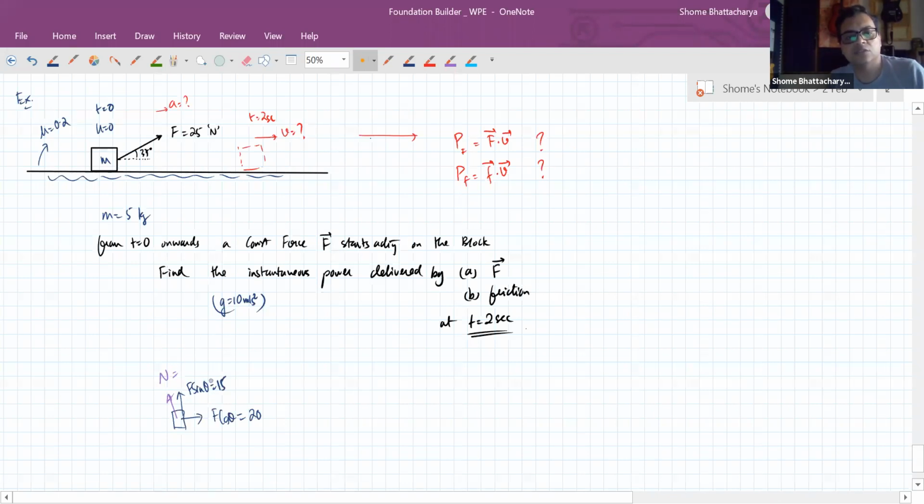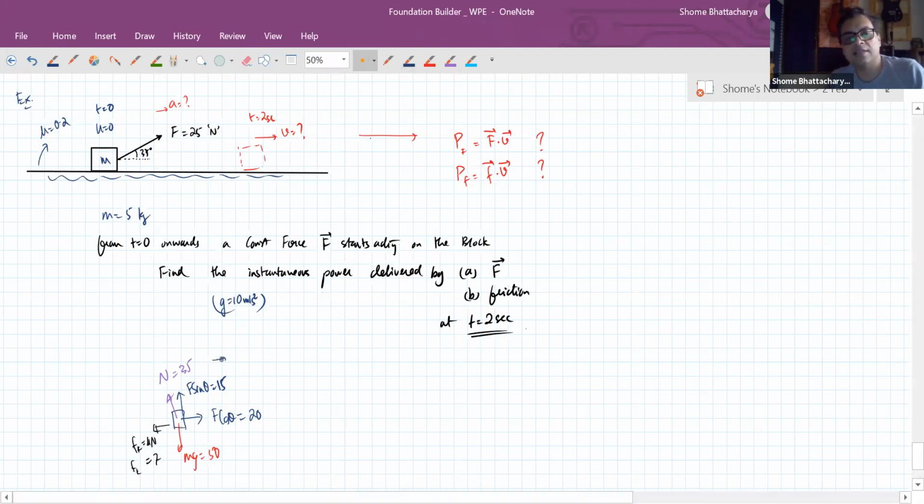The weight is 50, so 50 minus 15 gives 35 newtons of normal reaction, because mg is 50 newtons. That means the kinetic friction acting, which will be mu N, will become 0.2 into 35. Okay, so that is 7 newtons. So the kinetic friction of 7 newtons will be acting.